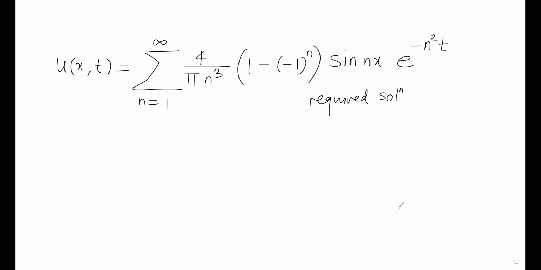In some cases, the function or the value of u of x,0 can be a constant value also. Whenever it is constant, it is very easy to solve the entire part.